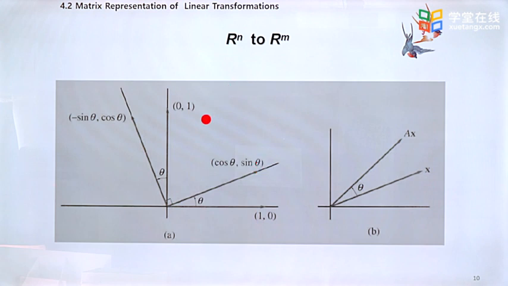And if you rotate the vector (0, 1) anticlockwise by angle theta, you will get this vector, whose coordinates are minus sin theta, cosine theta. So the matrix A is determined by these two vectors.